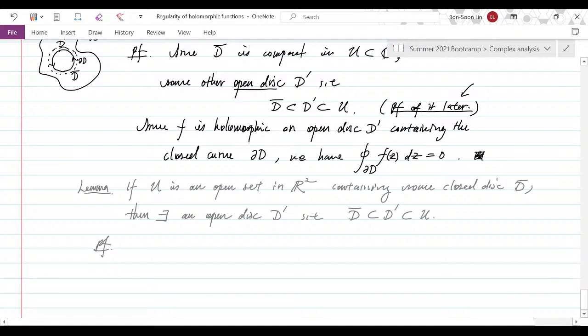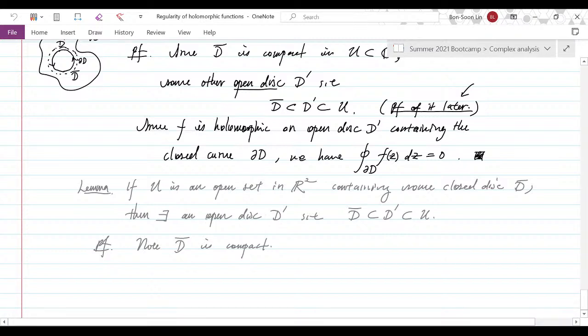So notice D bar is compact. Now what's nice about compact sets is that if you have a sequence of points in a compact set, then there is a subsequence that converges. This is Bolzano-Weierstrass in many ways. Okay, so we will keep that in mind.